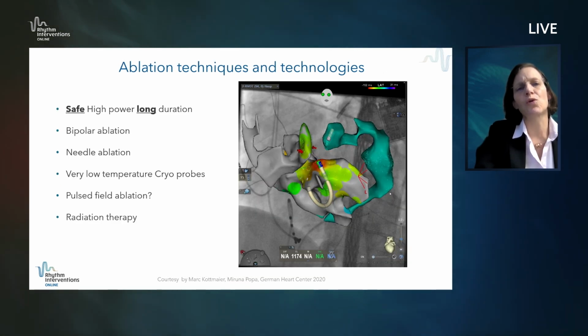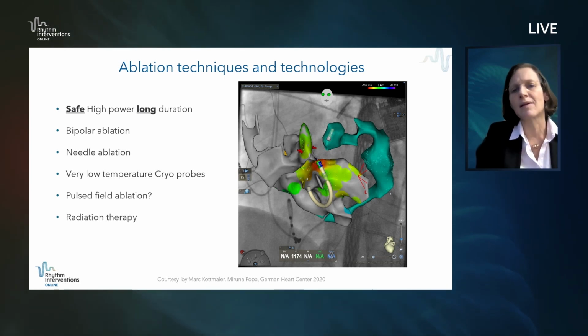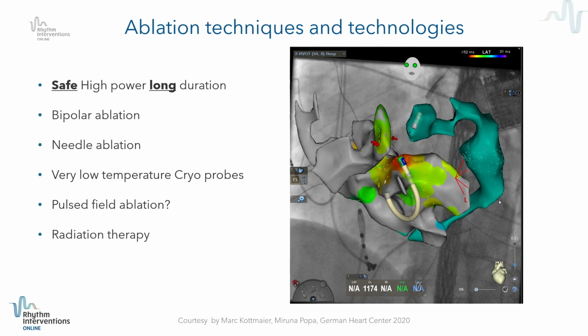And I want to show you one example for the ablation techniques and how we can maybe have better ablation success. This was a patient with a VPC from the LV summit. We could introduce an ablation catheter far into the CS and ablate from there, but could not suppress the VPC. The same was true endocardially with another ablation catheter.